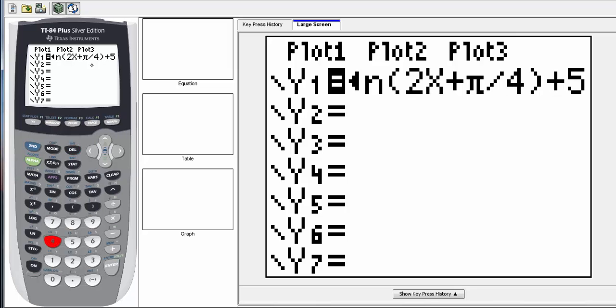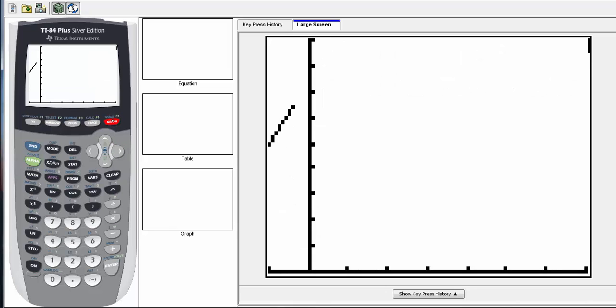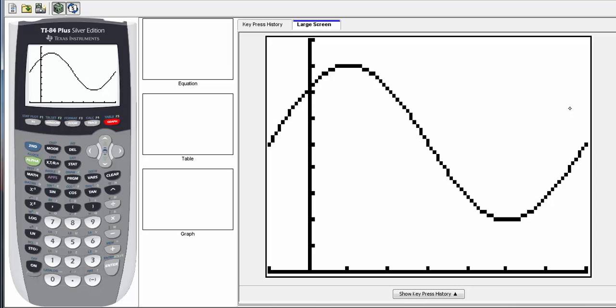So I left out the 4, it didn't show up here, so it should be 2x plus pi over 4 plus 5. So now if we go to graph, we can see our graph does start here, goes down, and comes right back up. So that looks very much like the graph we came up with, where we have 1, 2, 3, 4, 5. The graph is starting here at 5. It goes up, down, and right back up.